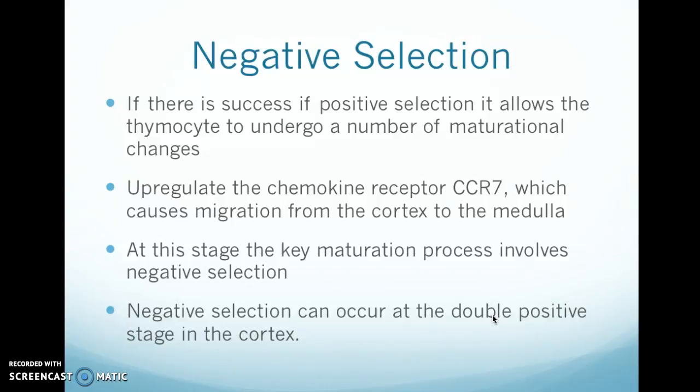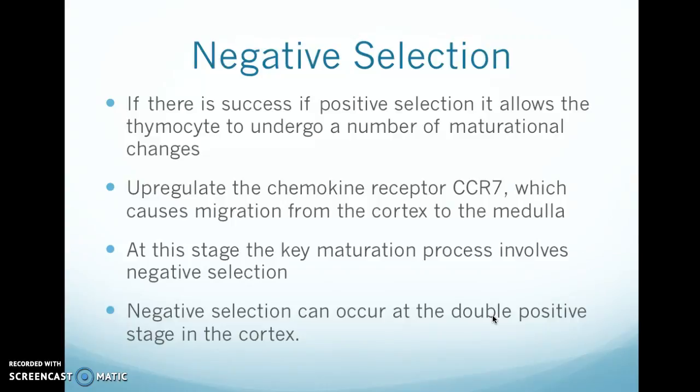If a CD4 plus or CD8 plus thymocyte recognizes a self-MHC peptide complex on the cortical epithelial cell that they are browsing, it will undergo positive selection, a process that induces both survival and differentiation of DP thymocytes.